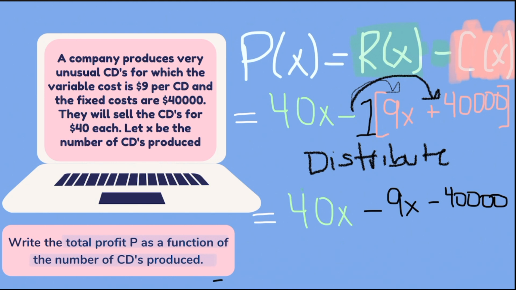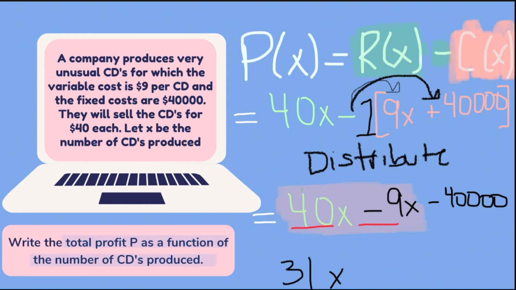Looks like we got some brothers and sisters in our function. We have some like terms. Let's try to simplify that out. The 40x and the -9x. When we take care of our like terms, we respect our variables, and we just take care of our coefficients, which is 40 minus 9. 40 minus 9 is 31.